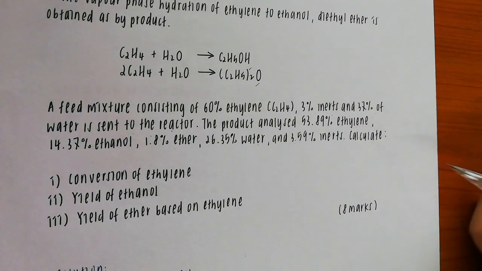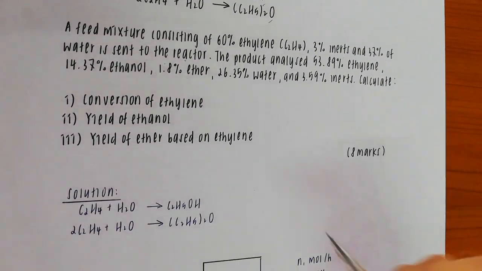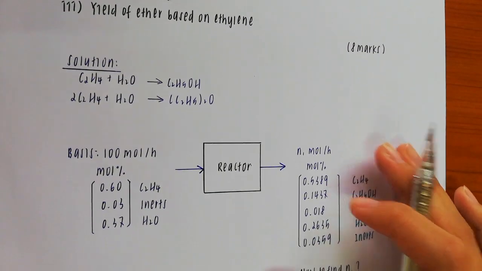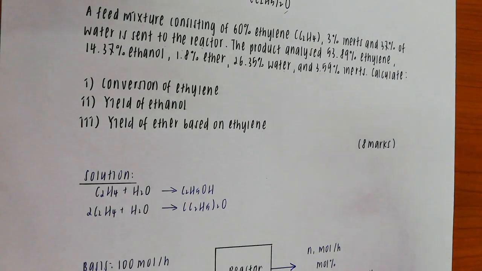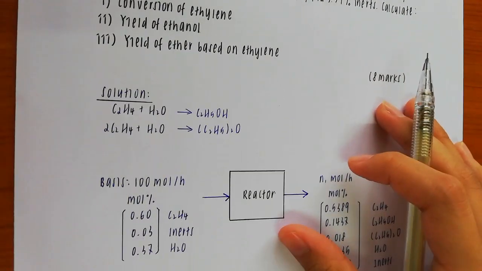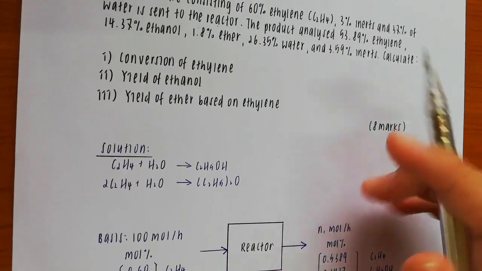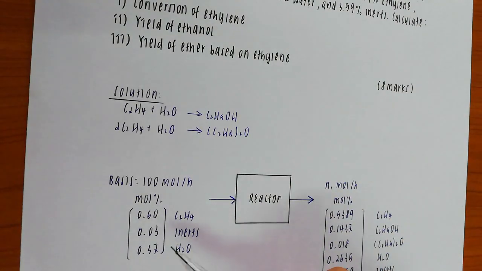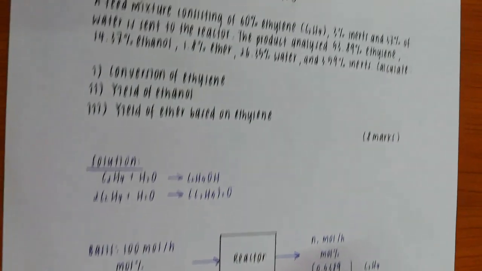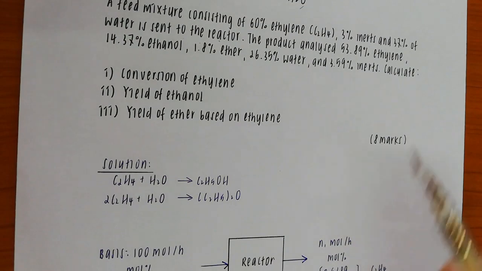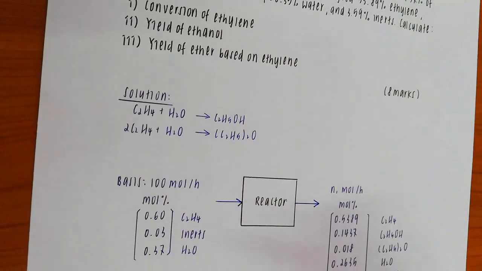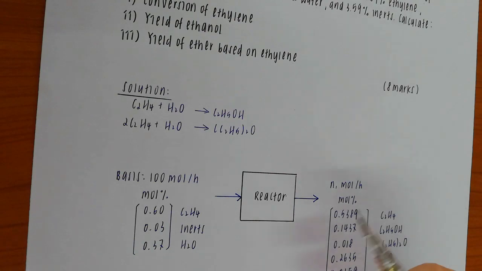what we're going to do is draw out the block diagram. So here's the equation and then the block diagram. The question is quite simple. The question has only one input and one output. So the input, we have 60% of ethylene, so 0.6 C2H4, and then 3% inerts, so 0.03 inerts, and then 37% of water, so 0.37 H2O.